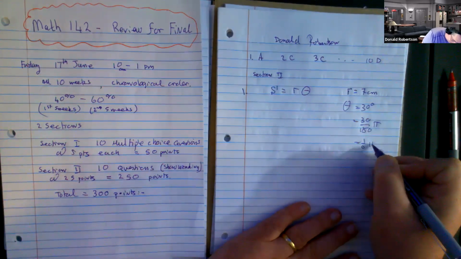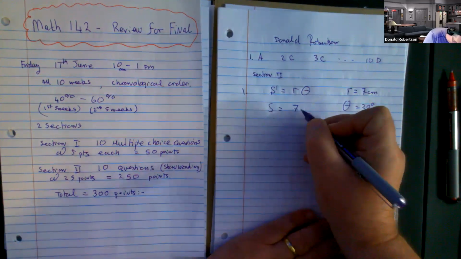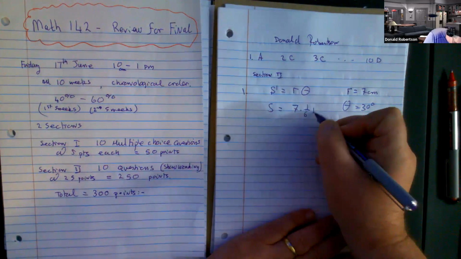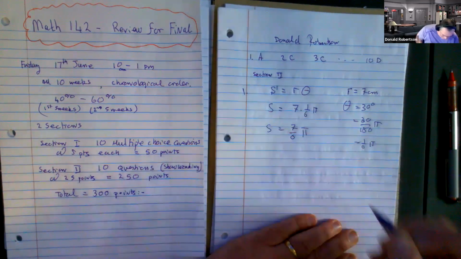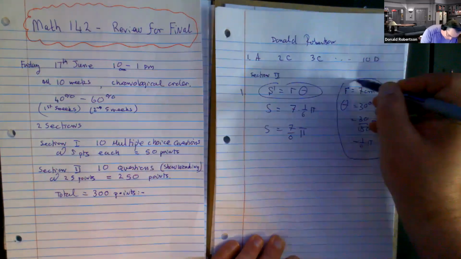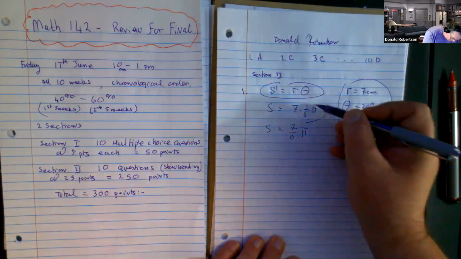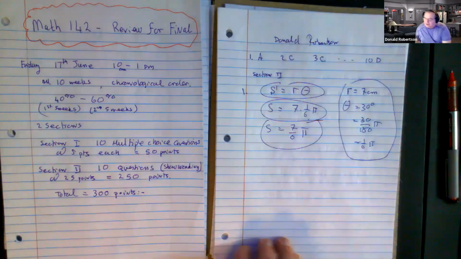And then you would say s is equal to 7 times 1/6 pi, s equals 7/6 pi. So the formula I used, the numbers I used in my formula, the calculation that my formula said, and the best version of my answer.